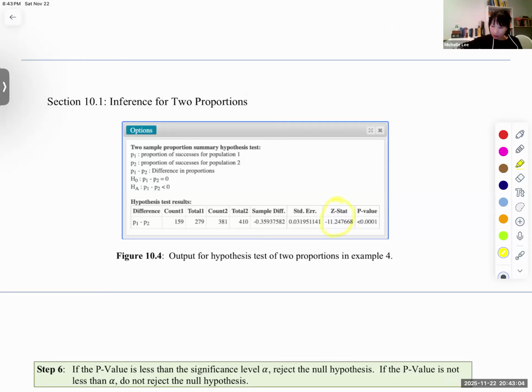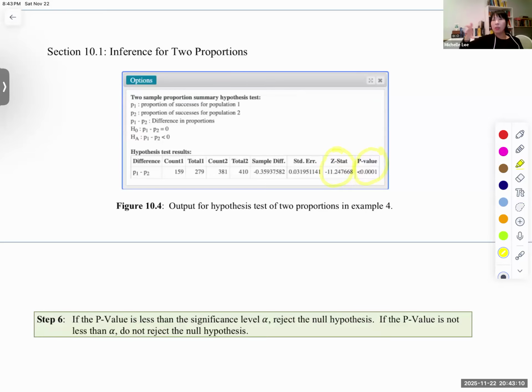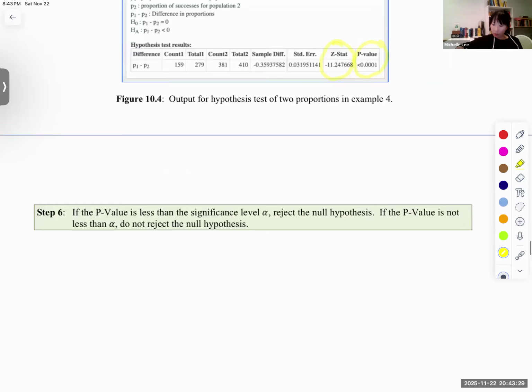Oh my gosh, right? P-value, let's take a look, 0.0001, right? So then we do reject the null hypothesis, and there is sufficient evidence to support the alternative hypothesis. In that case, the low-income broadband access is lower than the higher income, something like that, right?